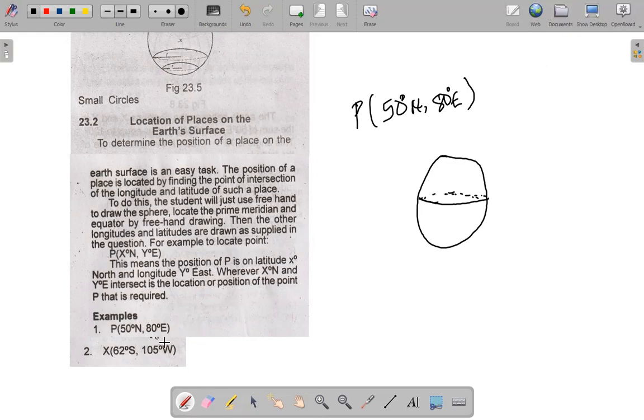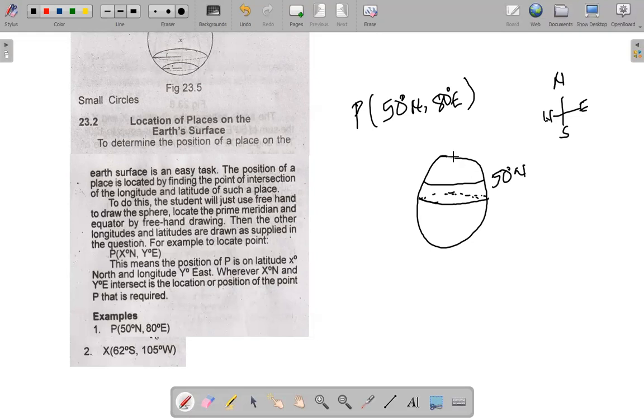Now, in terms of latitude, P is on latitude 50-degree north. 50-degree north is off the equator, while the longitude is 80 degrees. Remember your cardinal points. By average, this is north, south, west, and east. So east is here. This is our 50-degree north.